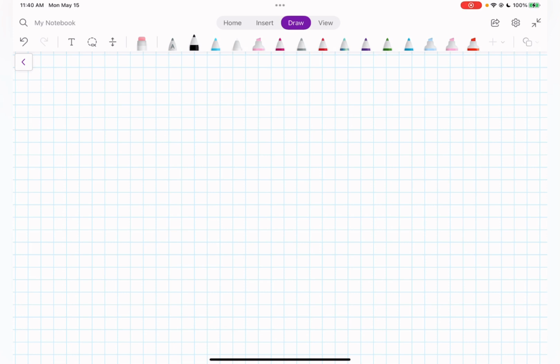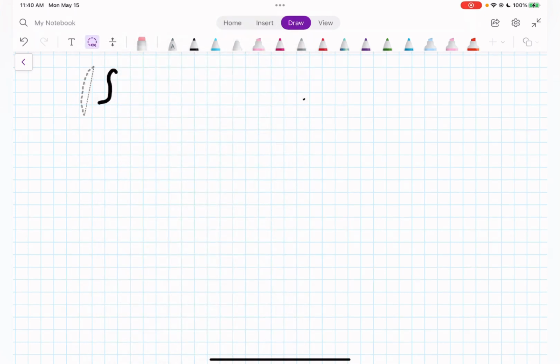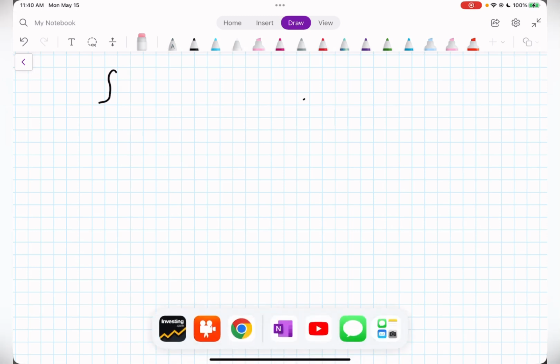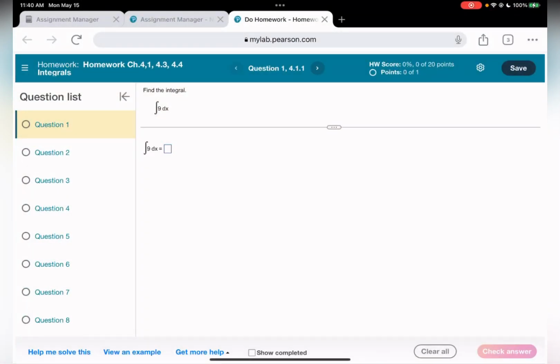Let's say we have an integral. Oh, it's very thick. Okay. Let's assume we have, what integral do we have? Hold on, how much do I have here? 9 dx.